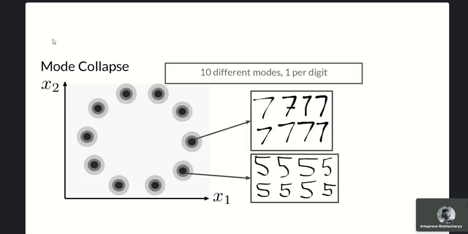This figure shows the different modes of a handwritten character recognition system. We have these 10 handwritten digits from 0 to 9, represented by features x1 and x2. That is, these are the two dimensions used to represent numbers from 0 to 9.